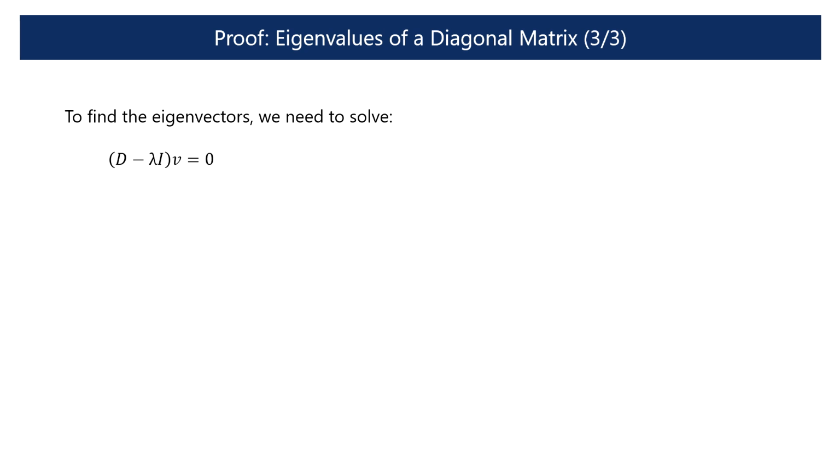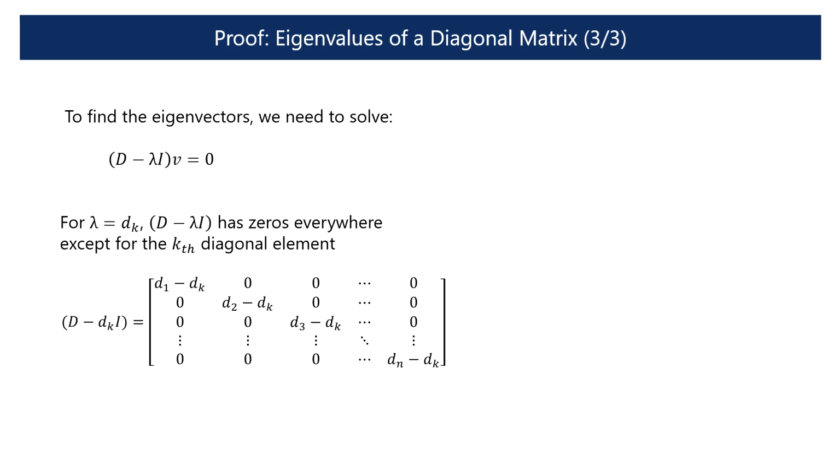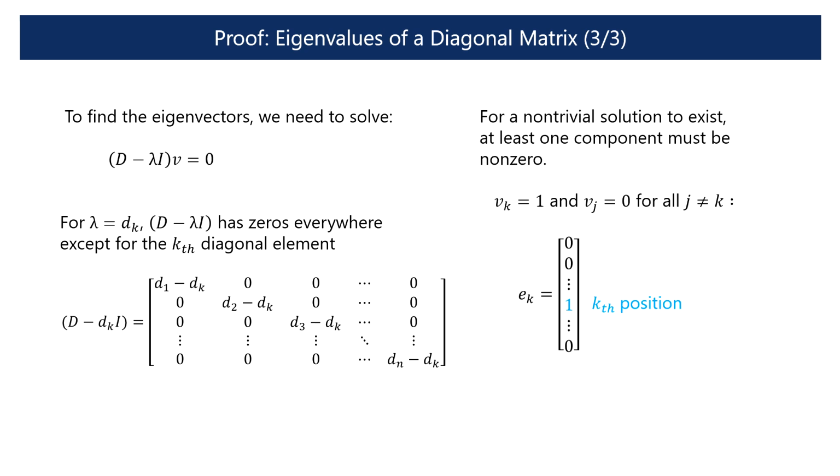Finally, let me show that these eigenvectors are standard basis vectors. To find the eigenvectors, we need to solve this equation. For lambda equals dk, the matrix D minus lambda I has zeros everywhere except for the kth diagonal element.